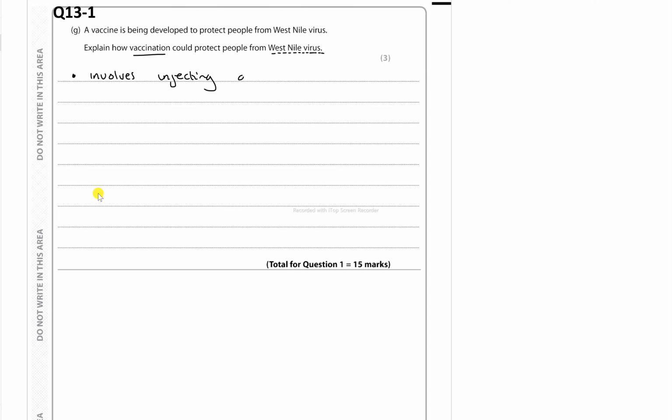A dead or attenuated virus into the body. So what happens? The white blood cells produce antibodies and also memory cells that stay in the blood.